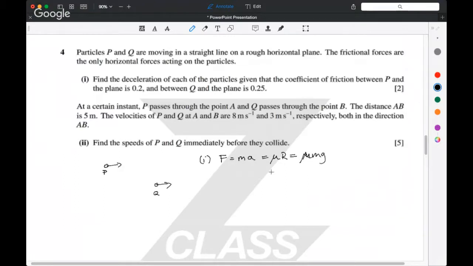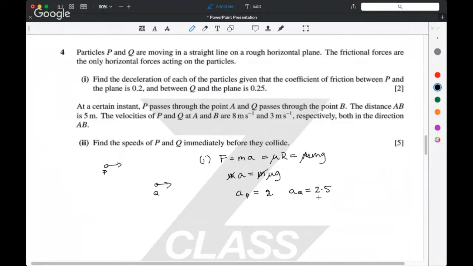If you have this equation, ma is equal to m mu g, the m's cancel. So acceleration is just equal to mu times g. So the acceleration of P is equal to 0.2 times g, which is 2. And similarly, the acceleration of Q is equal to 2.5.